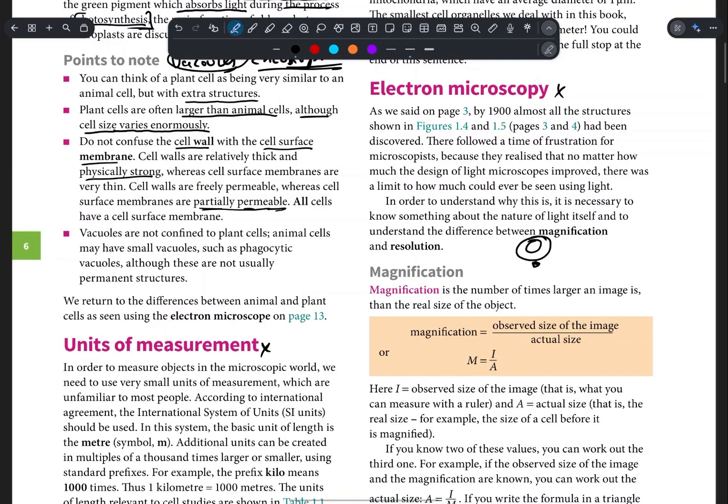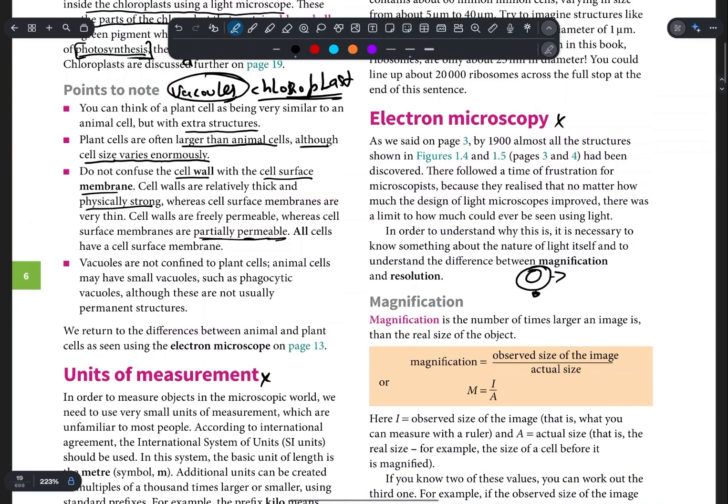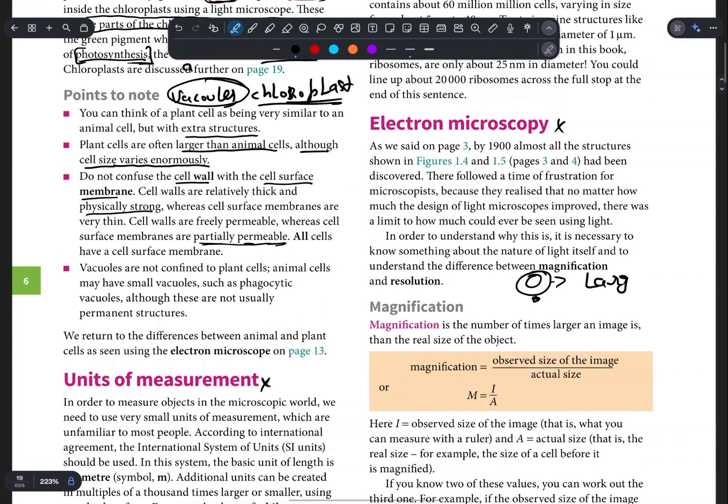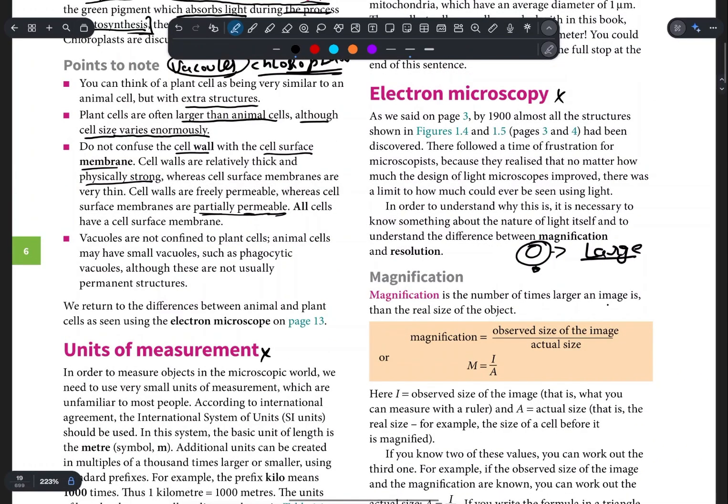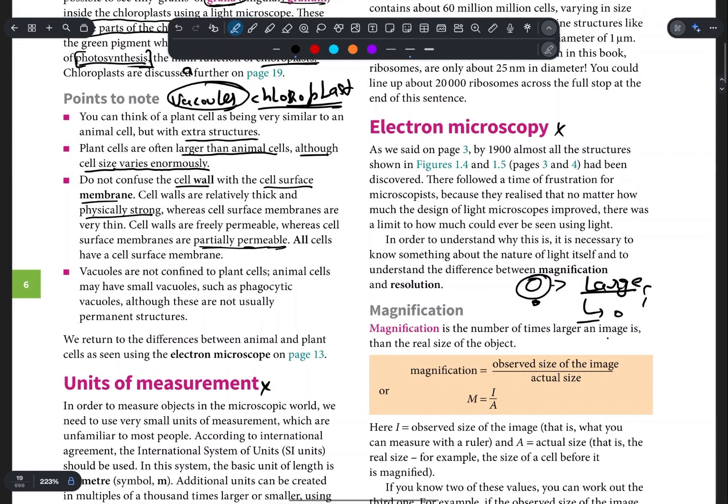A membrane with big holes can let the large molecules pass through, but if a membrane has only small holes, then it cannot let the large molecules pass through it. That is partially permeable.